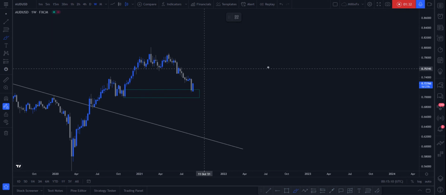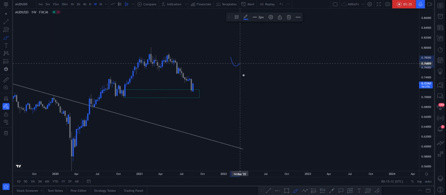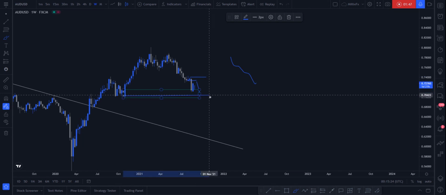Okay, anytime you see an impulse, you see a correction, impulse, correction. We have this pullback which is approaching this particular demand area on the daily time frame, which we are looking to see the market tapping into lower wicks on this particular demand area before we get another pump to the upside once again.